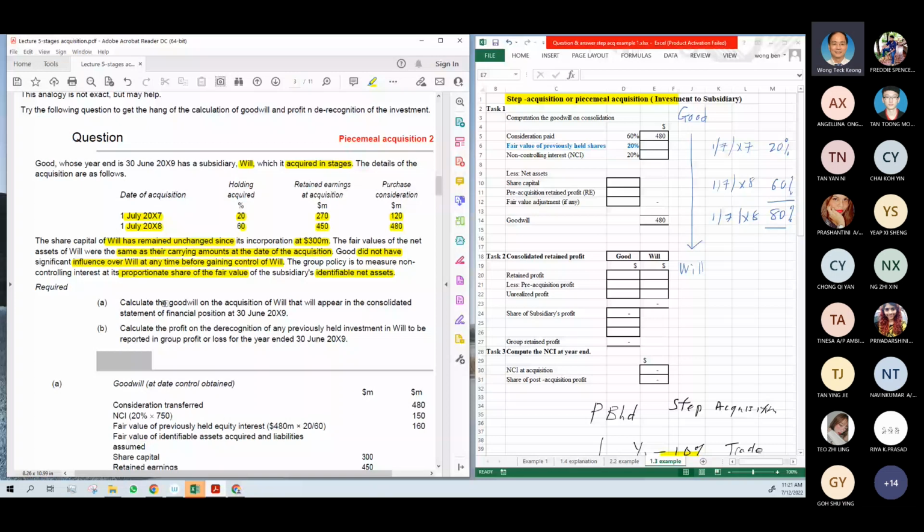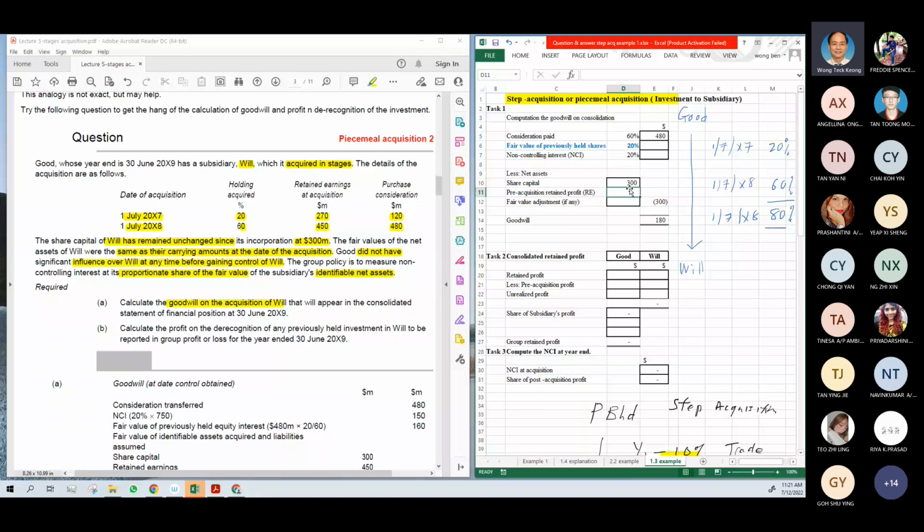Now we show the share capital, which we know is 300. I put in what we know. Retained profit given here is 450 at 1st July X8. There is no fair value adjustment because fair value equals the net asset.